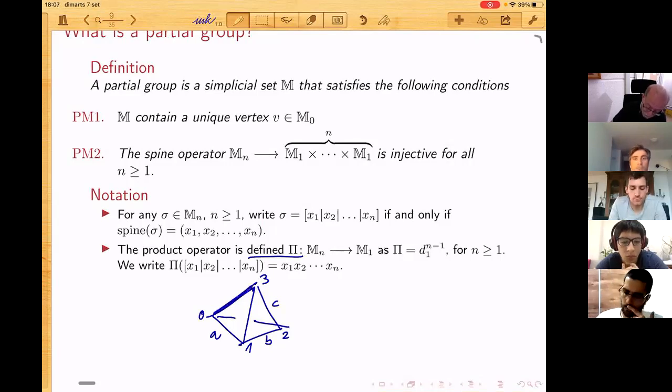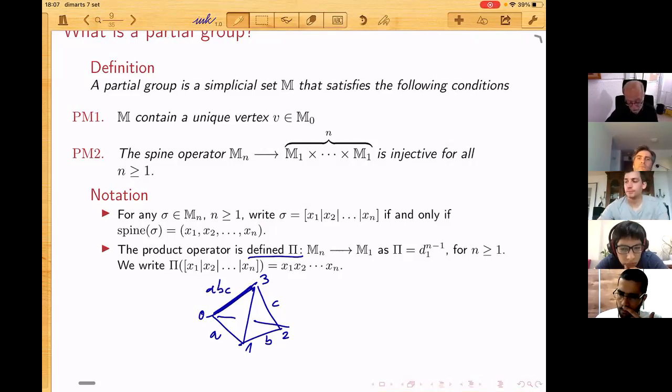And this is going to be called the product of a, b, c, simply abc, right? So this is a way to define a product.